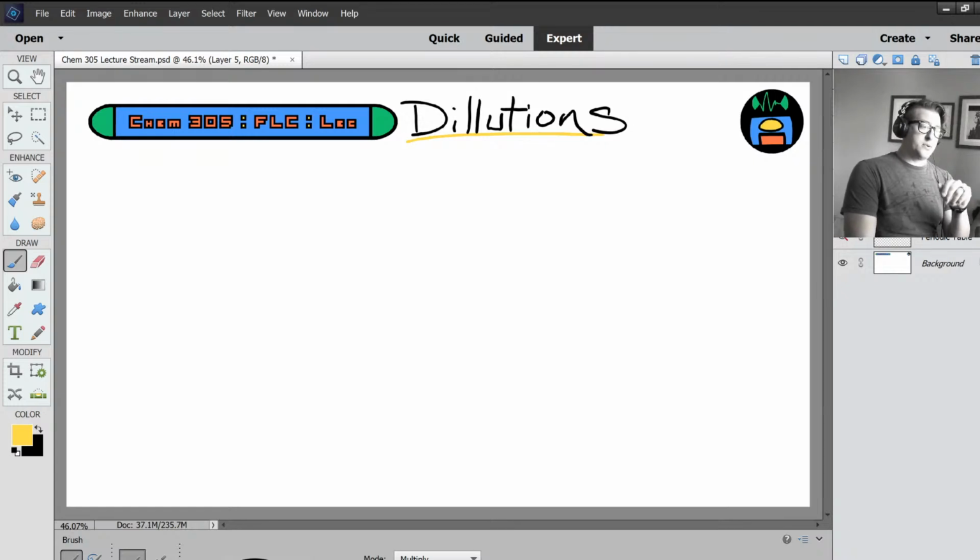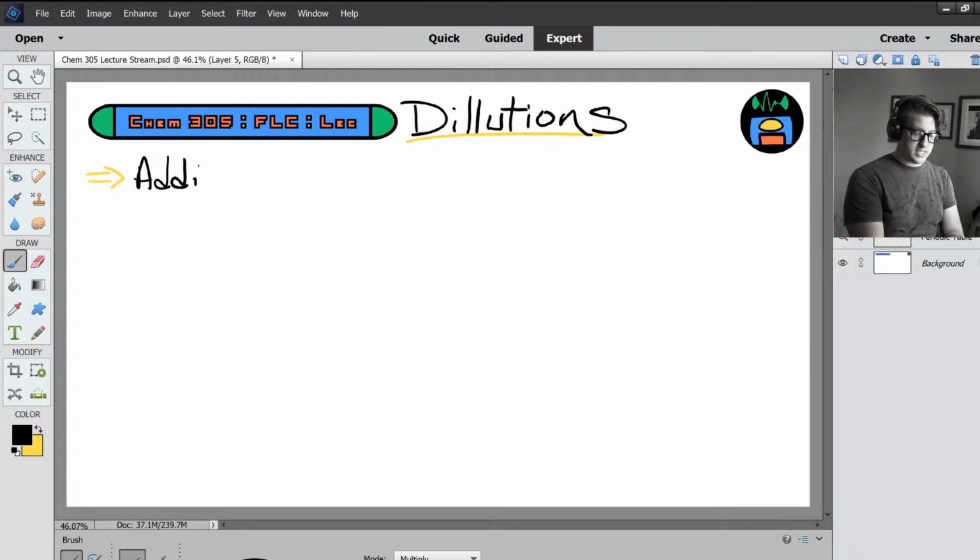If you ever work in a stockroom, this is like 90% of your job. It is diluting solutions, and what dilution is, simply put, is adding water, or I should say, adding solvent.